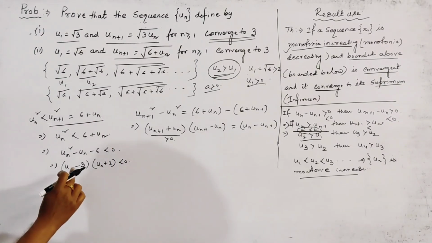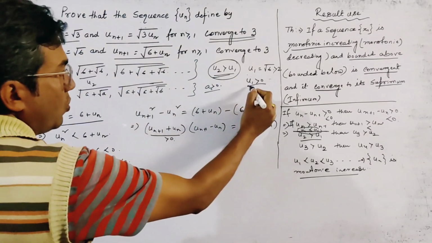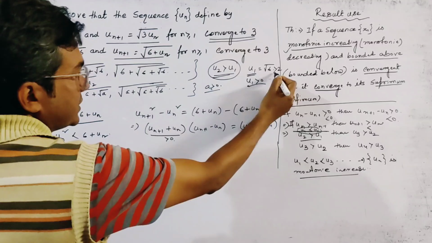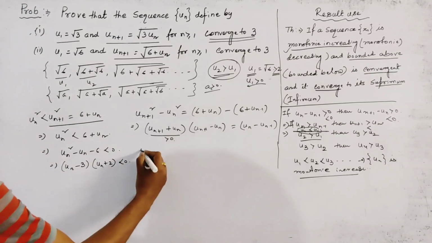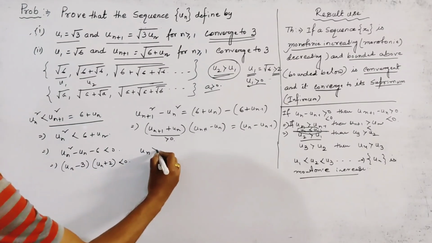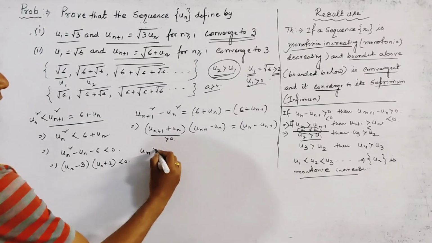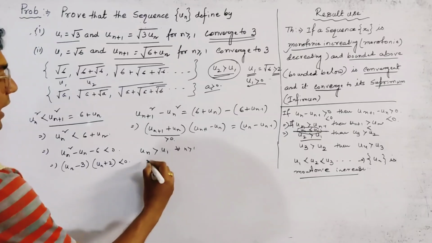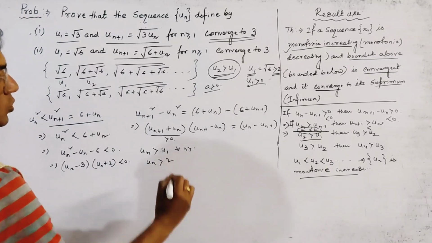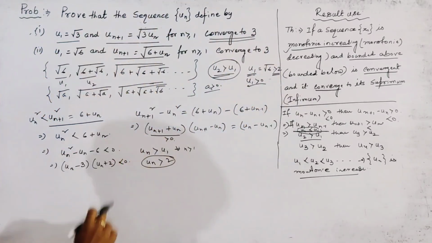From here we already have that u1 is greater than 2 and it is monotonic increasing, so un greater than u1 for all n greater than 1, and un greater than 2, because we already have u1 greater than 2.